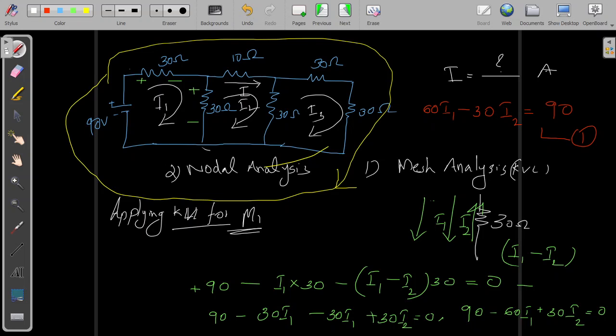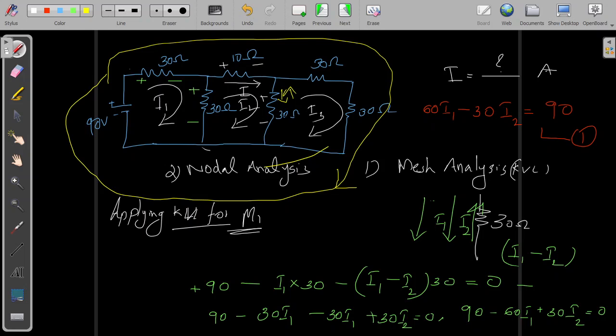First, I'm going to mark the voltage drop across 10 ohm like this, plus minus. Then the voltage drop across 30 ohm will be like this, plus minus, because I2 is the reference and I2 is going in this downward direction, and I3 is going in the upward direction.